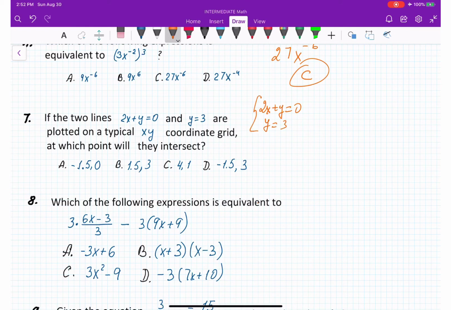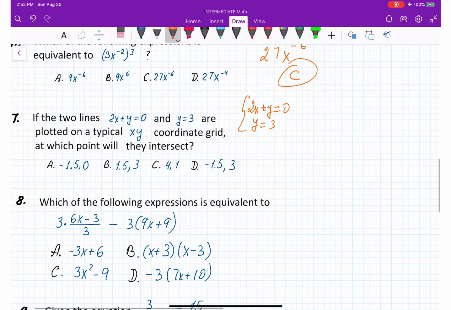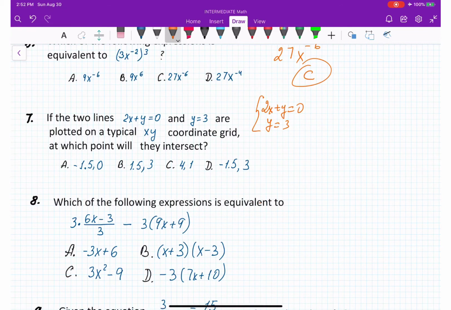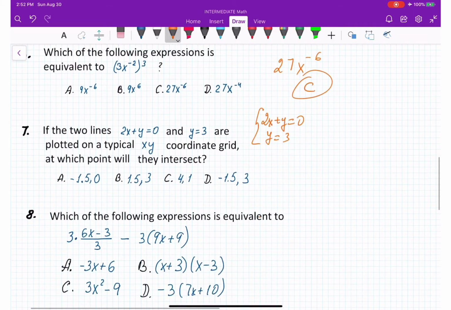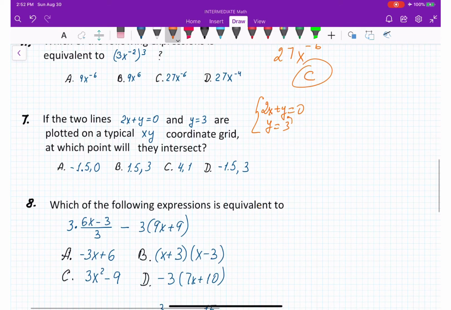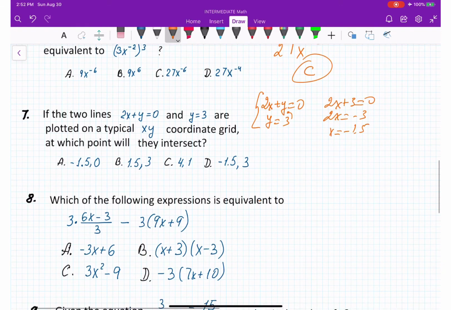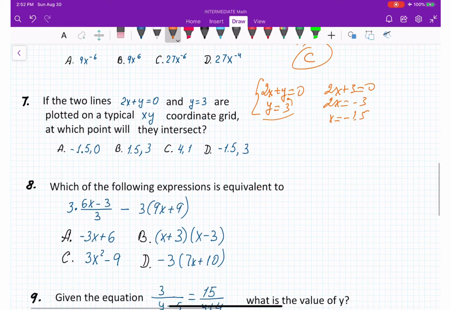It's a system of equations. The best way to do it is the method of substitution. If I plug 3 in for y, I will get 2x plus 3 is equal to 0. 2x is equal to negative 3. X is equal to negative 1.5. And y is 3. So it looks like D is going to be the answer.